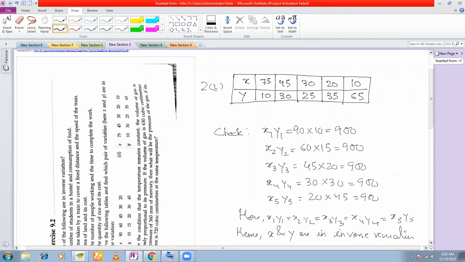But for example, if I give you a problem on cost of sugar and quantity of sugar, then by common sense you must know that if you increase the quantity of sugar, the cost of sugar must also go up. So that is a problem of direct variation.